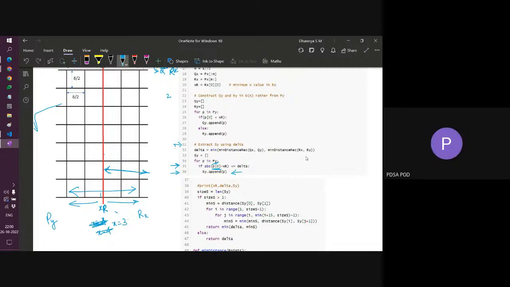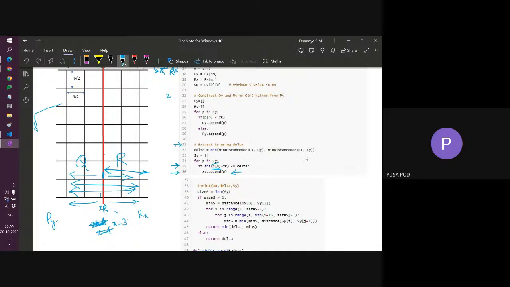So Sy has points from both sides, right? This Py will have the points. This is Q, this is R, right? So Sy has points from both sides. So anyway, I want to take only those points. How do I define this point from which to find the delta?